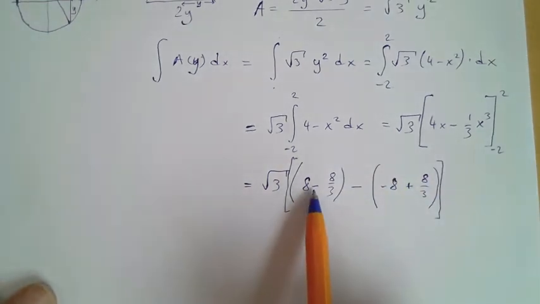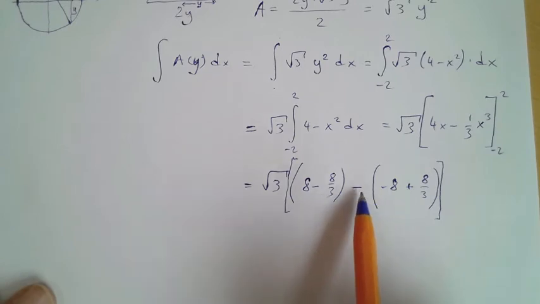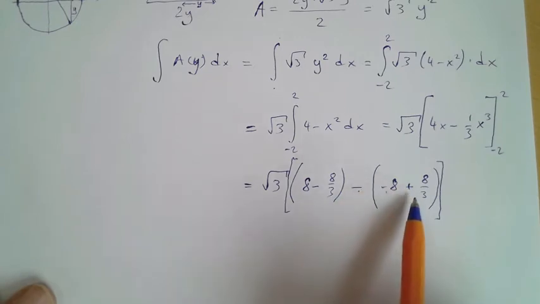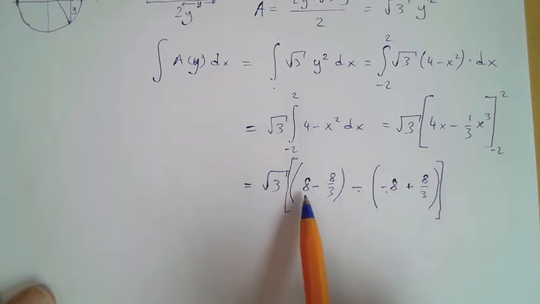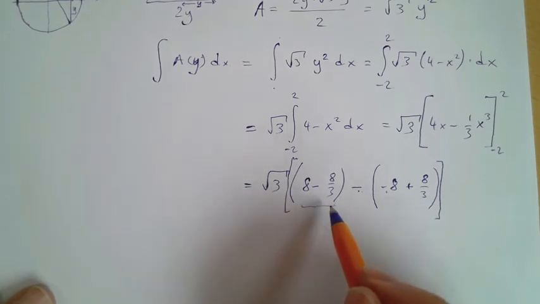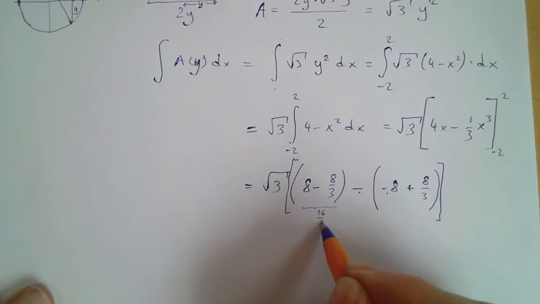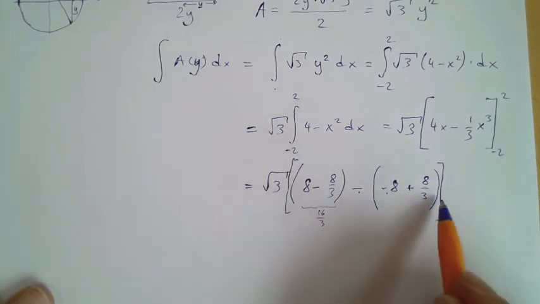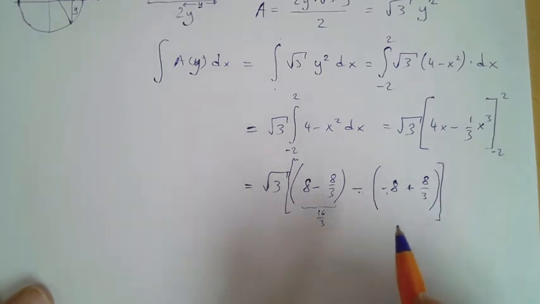So here I have 8 minus 8 over 3, and this is also 8 minus 8 over 3. So it's 2 times (8 minus 8 over 3). Let me just calculate 8 minus 8 over 3: 24 over 3 minus 8 over 3 is 16 over 3. So this is also 16 over 3, so together 32 over 3.